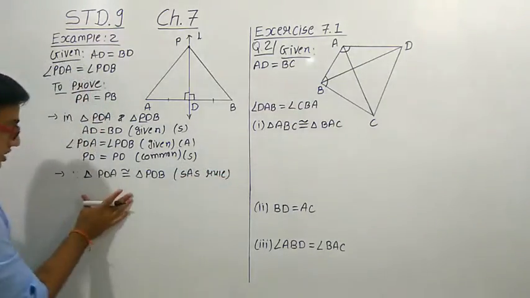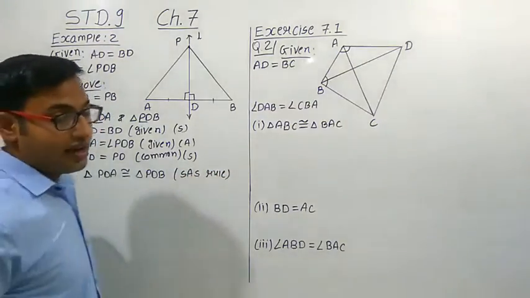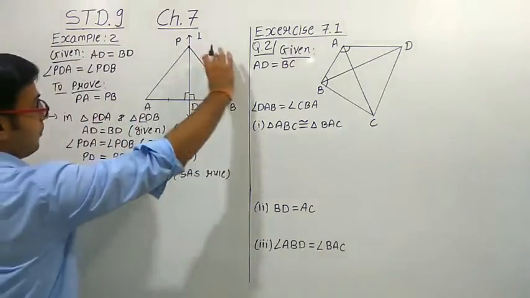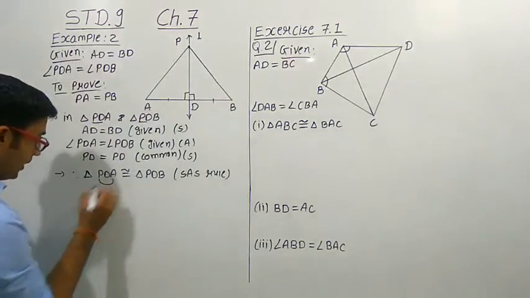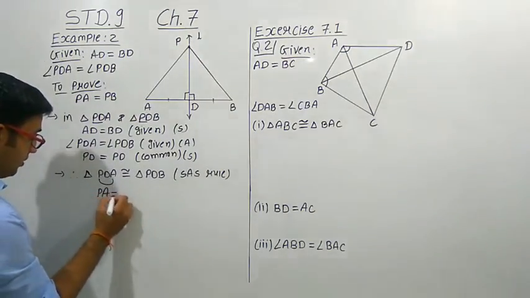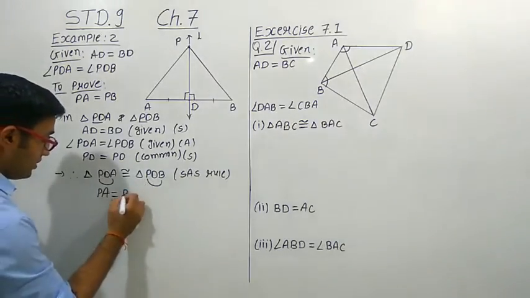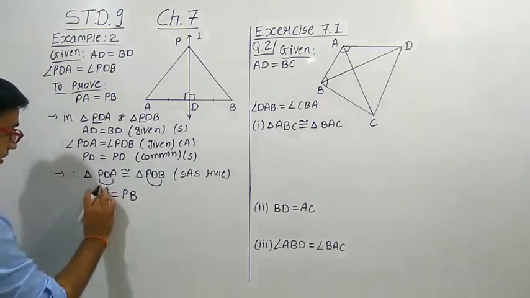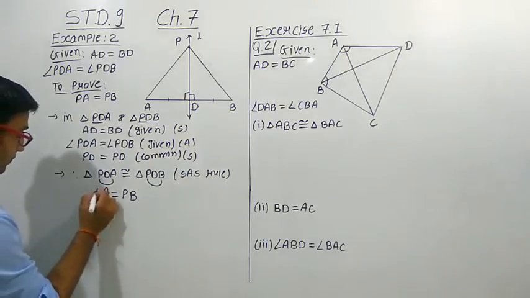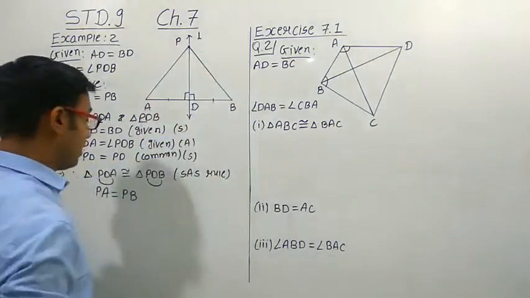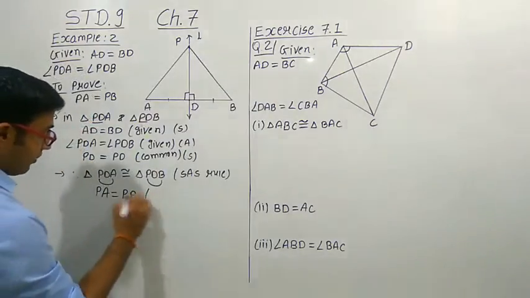As both triangles are congruent, their corresponding parts will become equal. So the corresponding parts, PA and PB, will become equal. PA, first and third letter; here also we consider first and third letter, that is PB. So both these distances PA and PB are equal. Why do we write this?